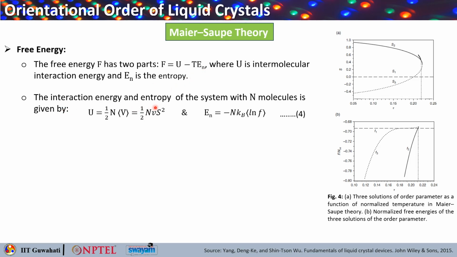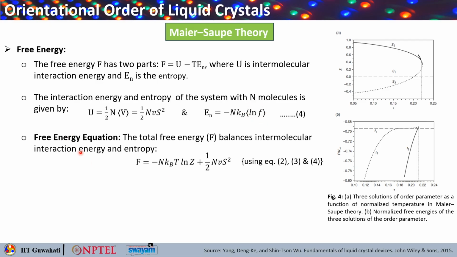U is the intermolecular interaction energy and the second term is the entropy. For a system with n molecules, the interaction energy is half n times the average of V, that is half n small nu S square, and the entropy is minus n kB times the average of ln f.